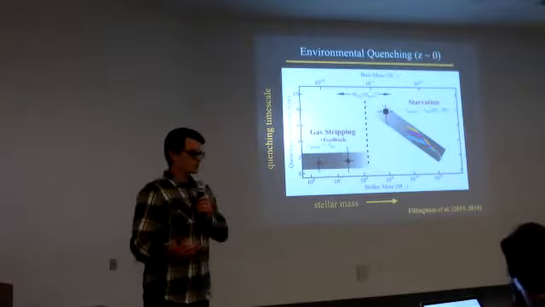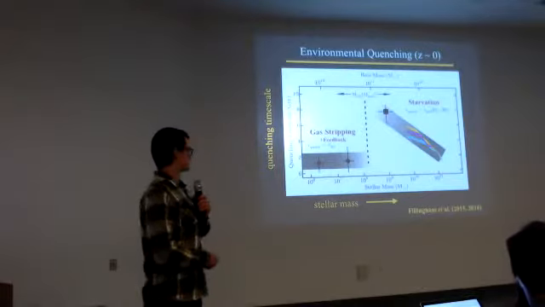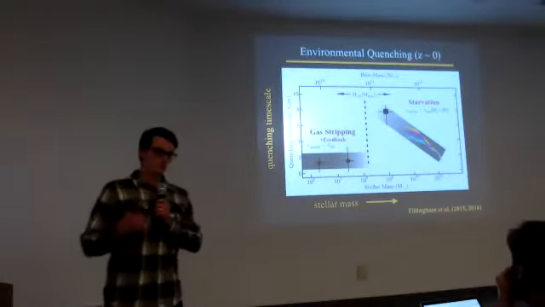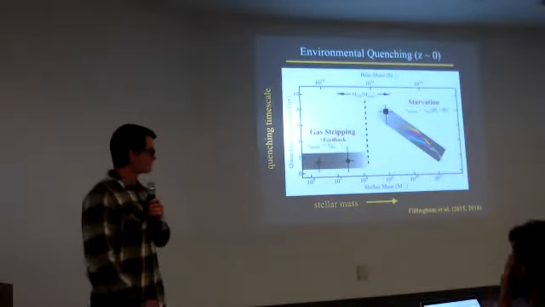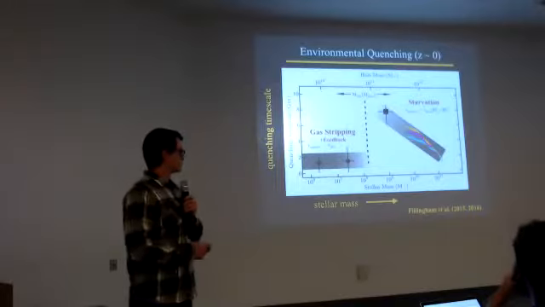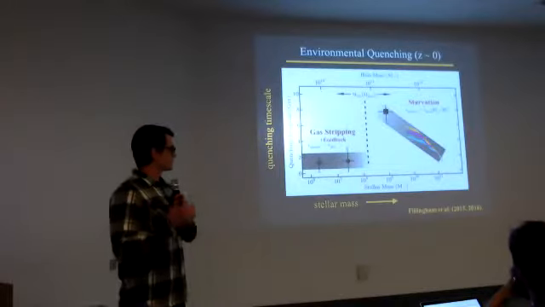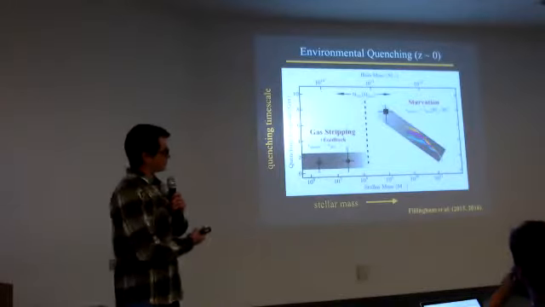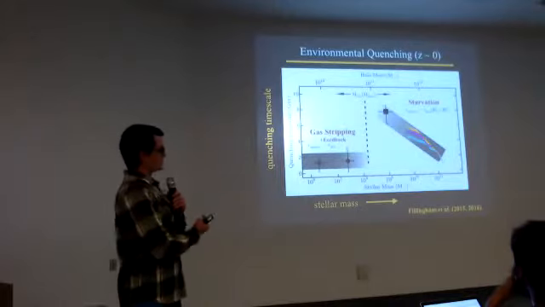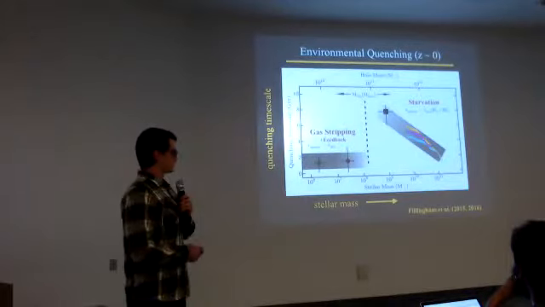Another way that we can address this problem is to understand how these quenching time scales vary as a function of redshift. When we look at higher redshifts, this model, if it doesn't evolve, runs into a conflict pretty quickly.